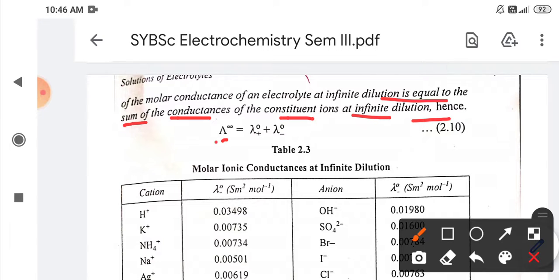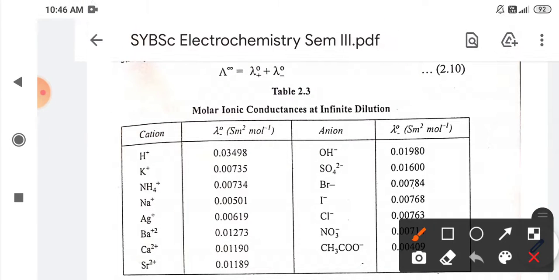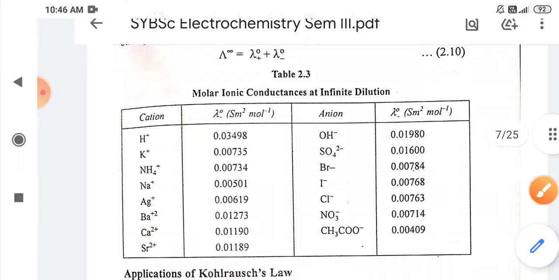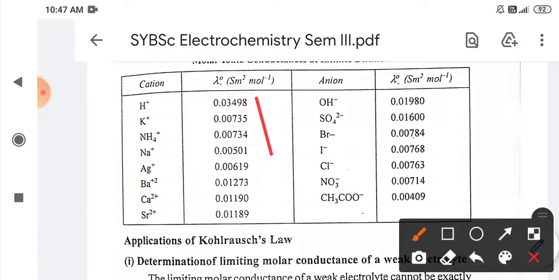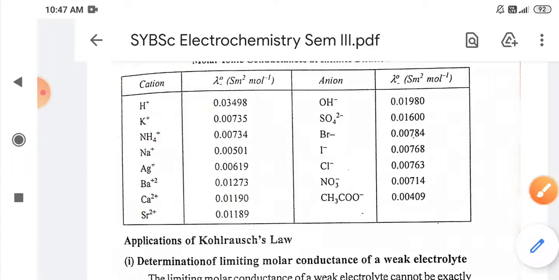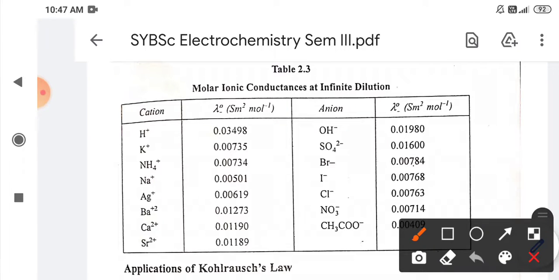So we can say lambda m naught at infinite dilution is equal to lambda naught of the cation plus lambda naught of the anion. Molar conductance for specific ions can be obtained by using this method. And if you want to find out the molar conductance at infinite dilution for acetic acid, how can we find that?